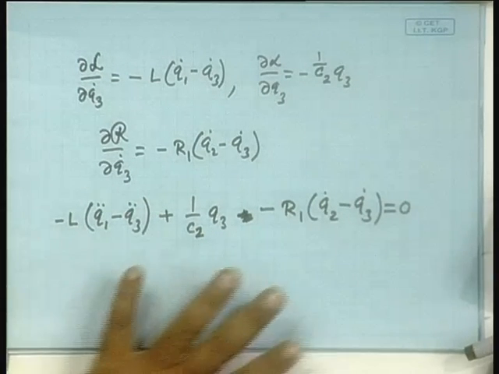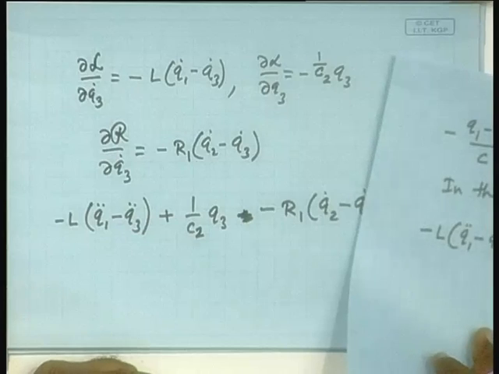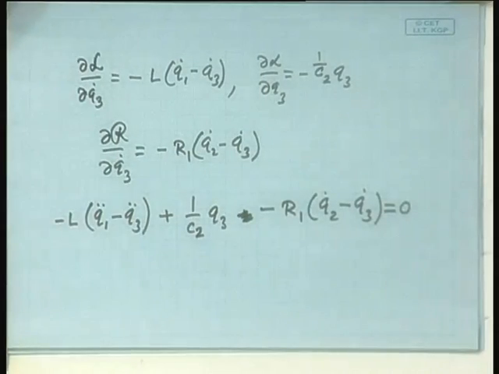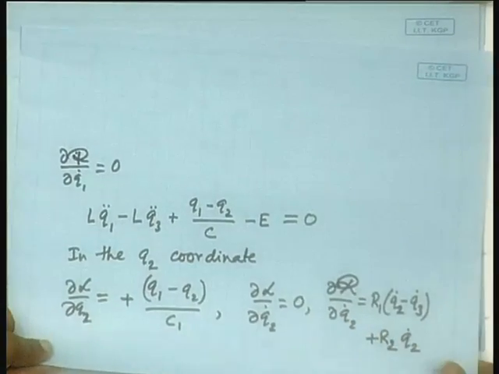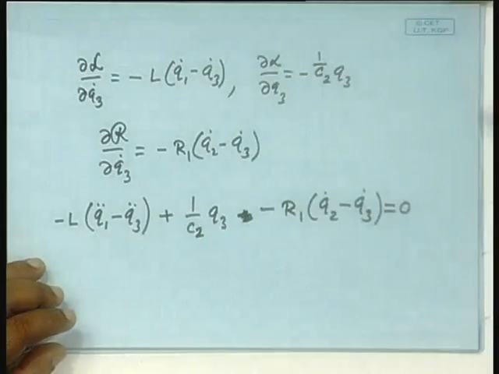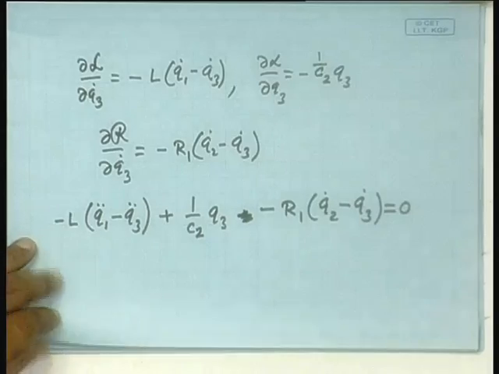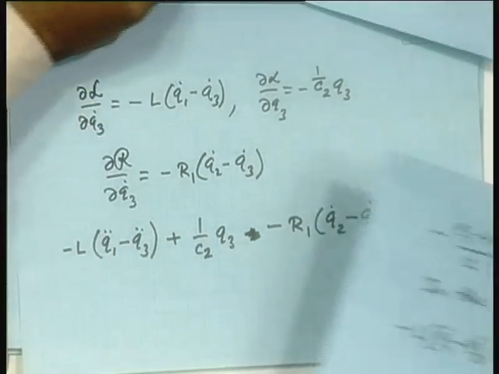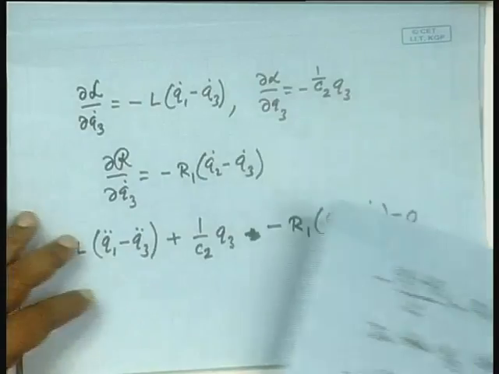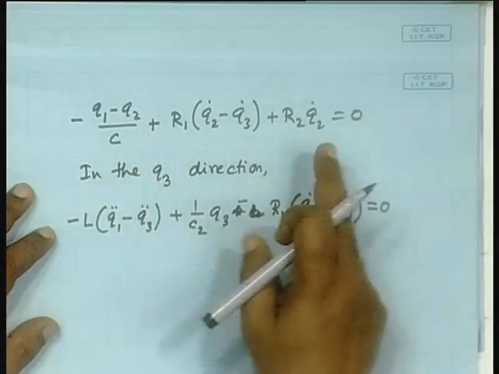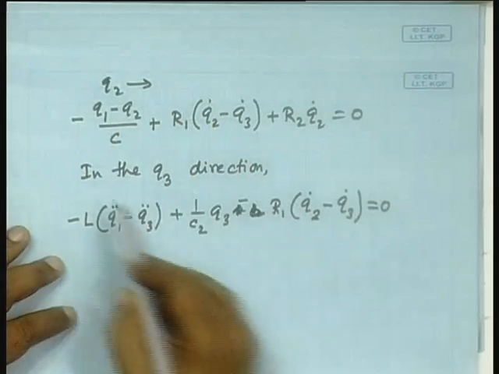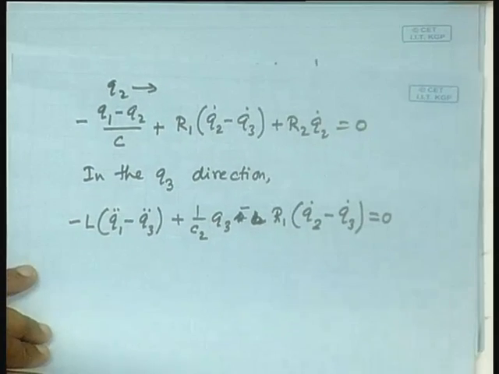So, you have the 3 equations. Where are they? Okay, this is the Q2 equation, this is the Q3 equation, and where was the Q1 equation?